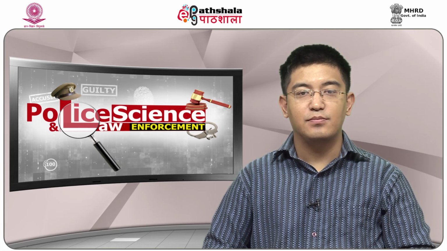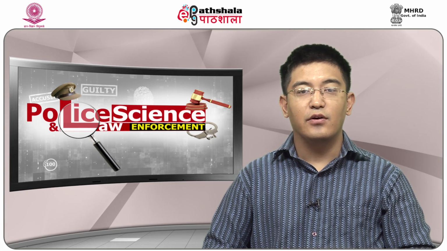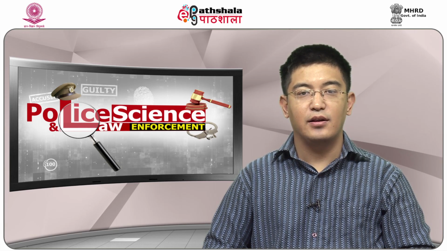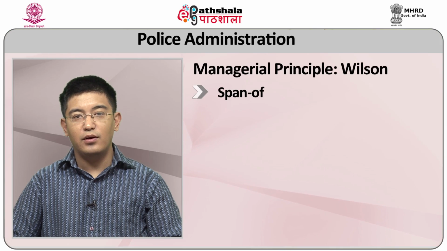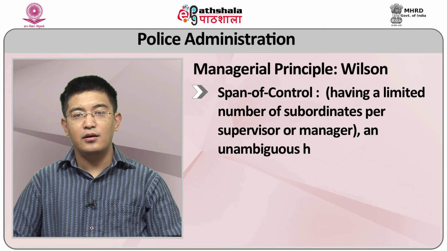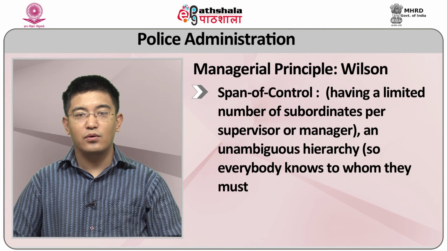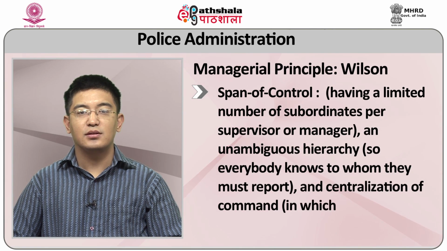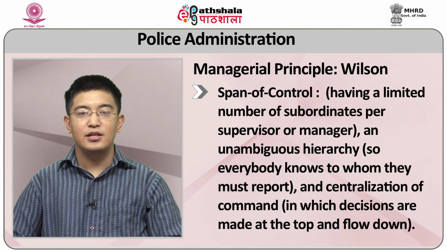Wilson's popular textbook on police administration reinforced classic managerial principles: span of control, having a limited number of subordinates per supervisor or manager, an unambiguous hierarchy so everybody knows to whom they must report, and centralization of command in which decisions are made at the top and flow down.